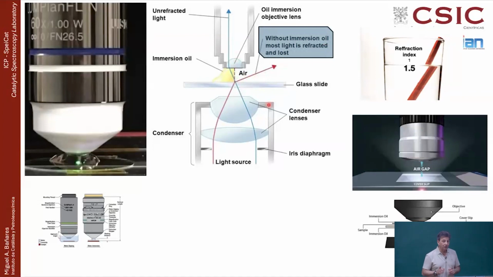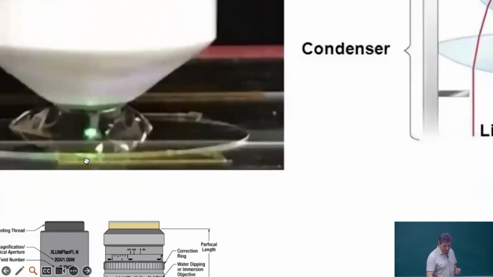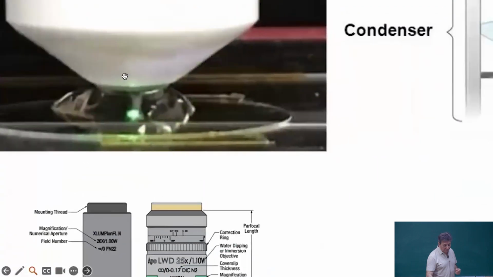When people are doing confocal microscopy, they have something in between. So the objective is not the typical objective, but there is oil. So these objectives are immersion objectives that go into a liquid that touches your sample and touches your microscope. So the microscope is no longer in air, it is in a liquid, with a refraction index which is very similar to the refraction index of the materials.